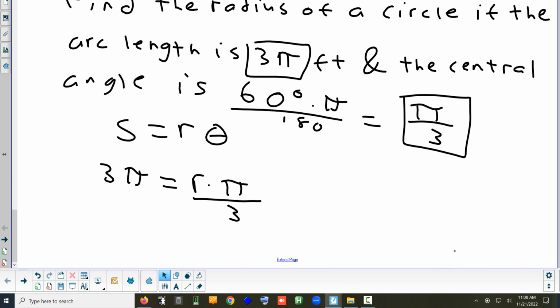That's gone. And that's gone. So what do we get for a radius? 9. Not inches. Feet. 9 feet.